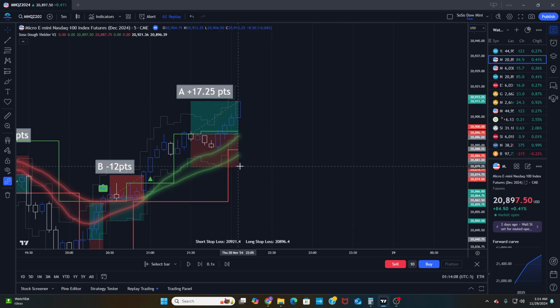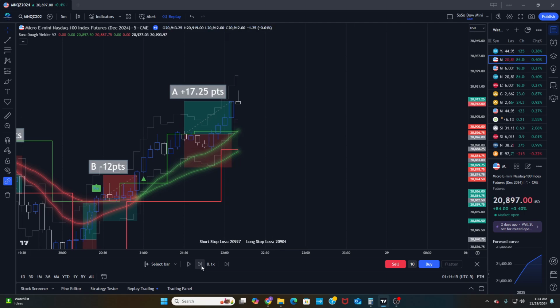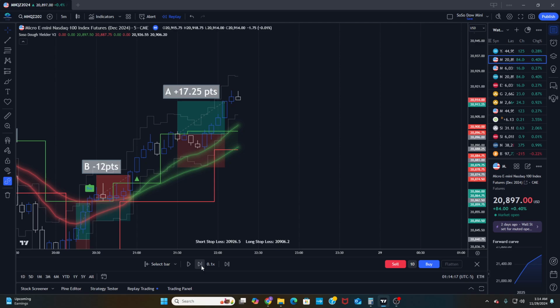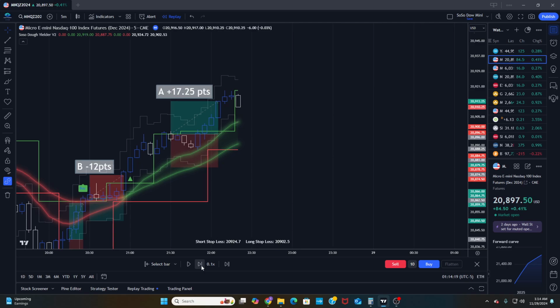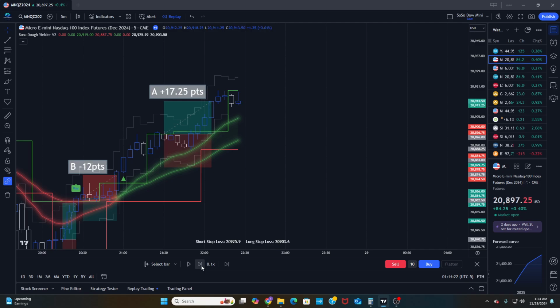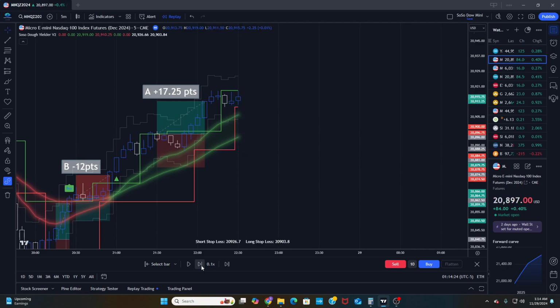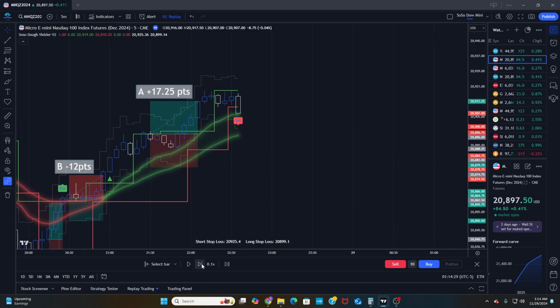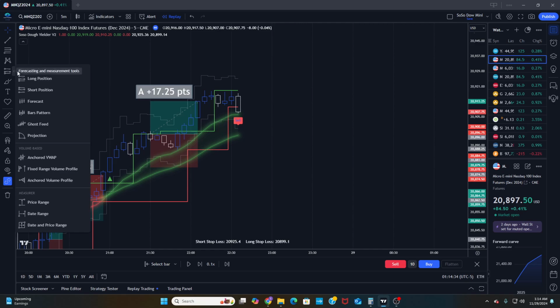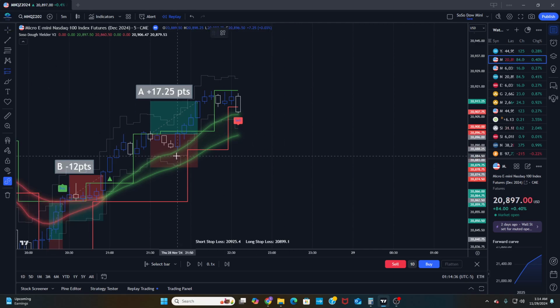Let's see, and we're at 10:05. Continue on. Okay, so this is a valid B trade. We're going long because our trend is long. The close of this candle is at 907.50.